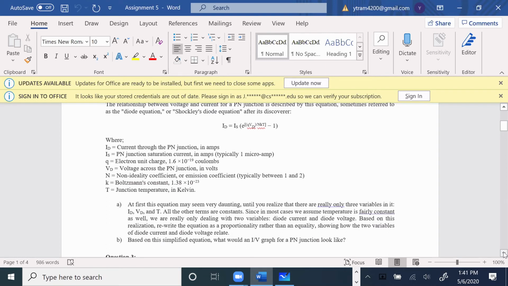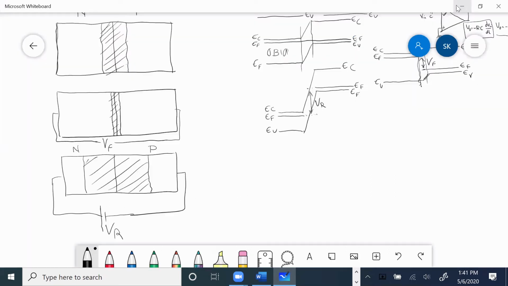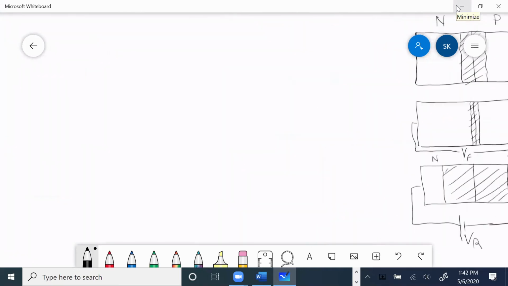So it's asking how we can simplify. We are really only dealing with 2 variables, diode current and diode voltage. Based on this realization, rewrite the equation as a proportionality. Okay, that I understand. So now let me go over and solve it for you.